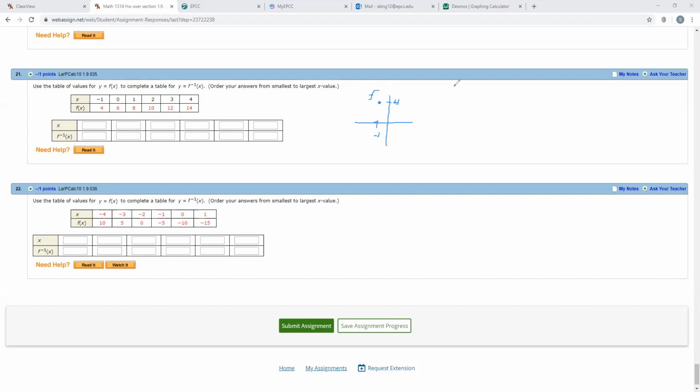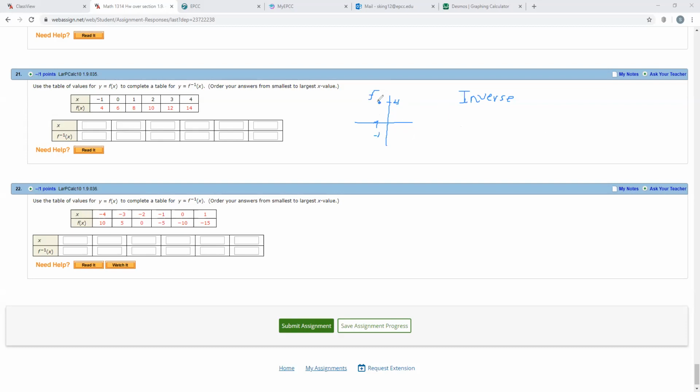then the definition of inverse, inverting, switching, inverse, then, so if -1, 4 is on the graph of f, then you switch the point.